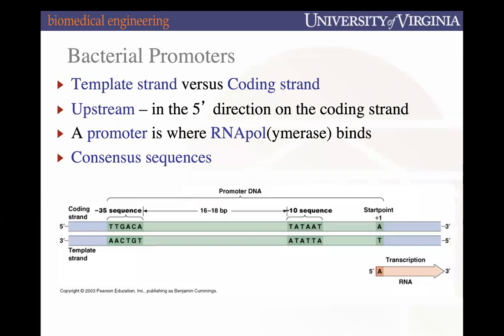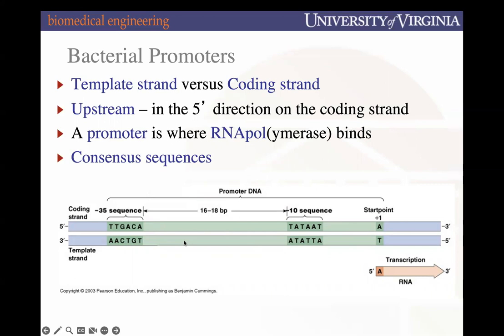What I was saying is that the promoter region. So we have this entire green area is the promoter, but right here it says start point. This is where transcription begins. But upstream from that, back before that, on the template strand, is the promoter region.